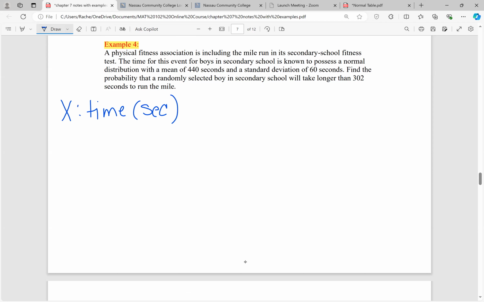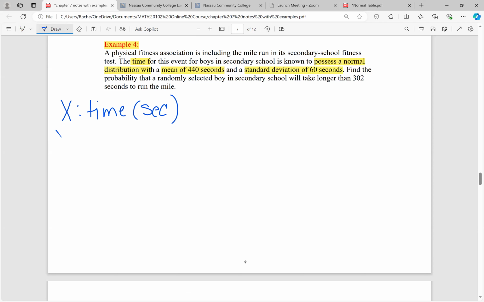And there's no mention of a sample. So we're assuming this is the population of all secondary school boys, whatever this particular school is. So we know the mean, we know the standard deviation, and we also know that time possesses a normal distribution. And the mean is 440 seconds and the standard deviation is 60 seconds.